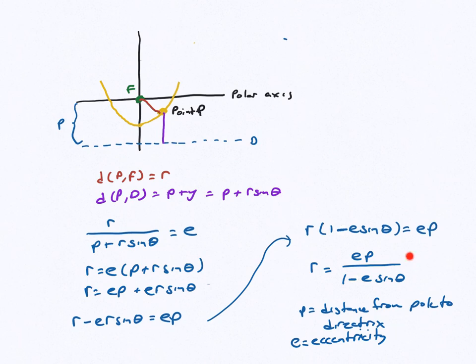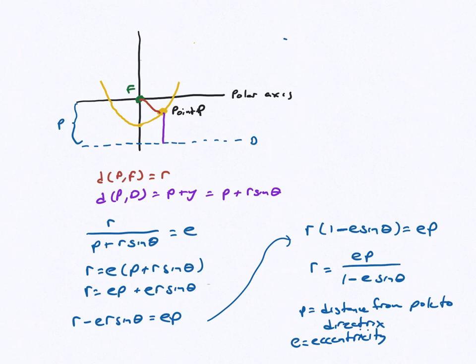Now this form works when we're dealing with a conic where the directrix is parallel to the polar axis and below the focus. Now, each of 4 different situations is going to result in 4 different equations.